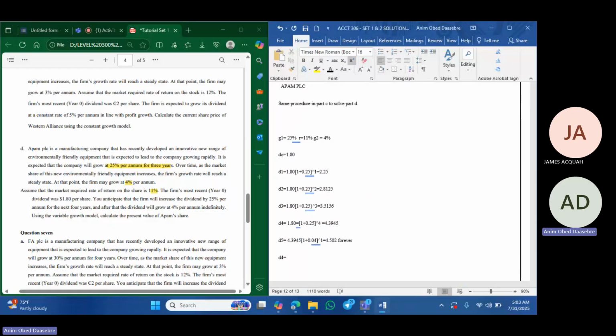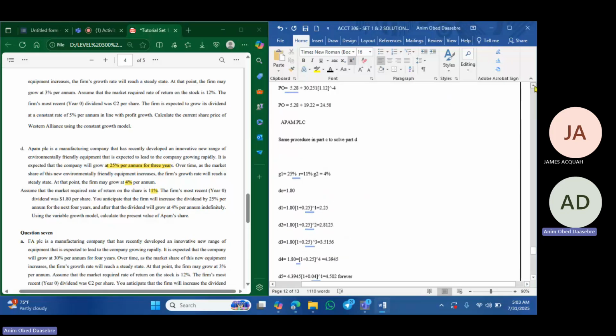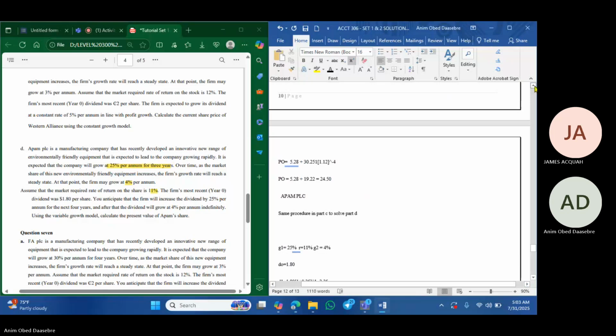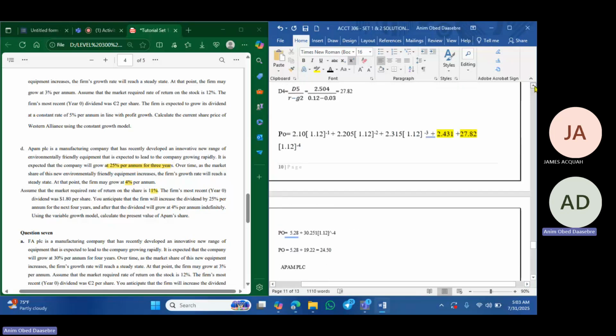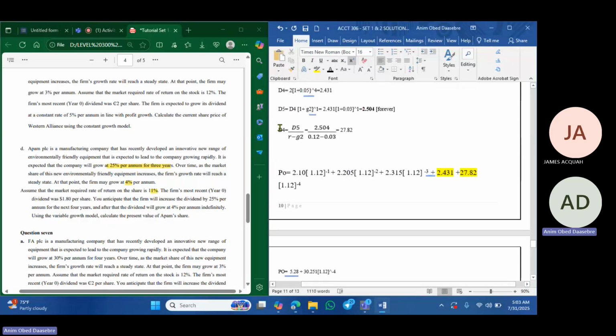So we use the formula to discount that. Use this formula to discount it to year 4.